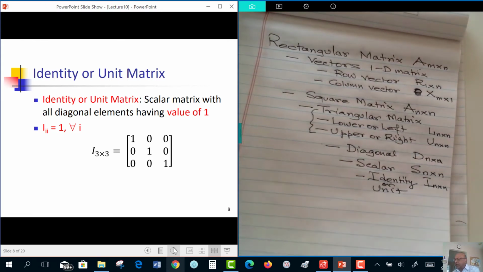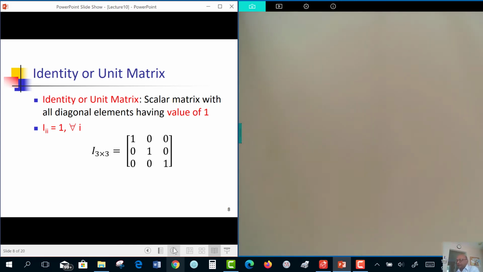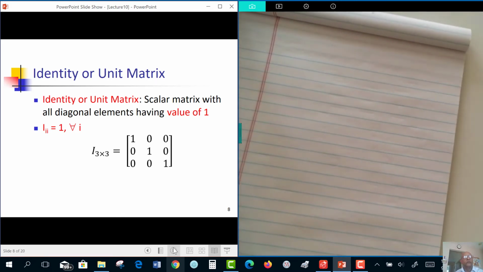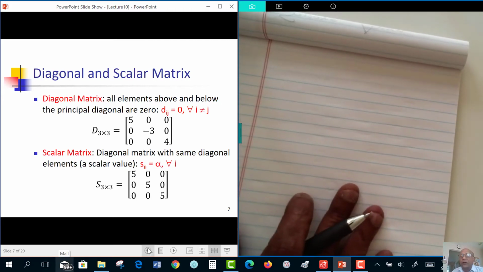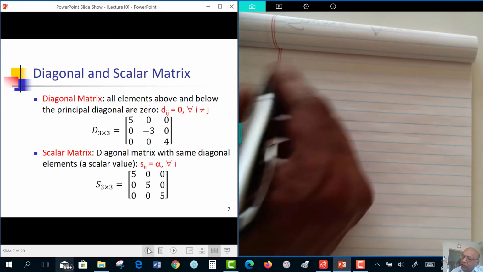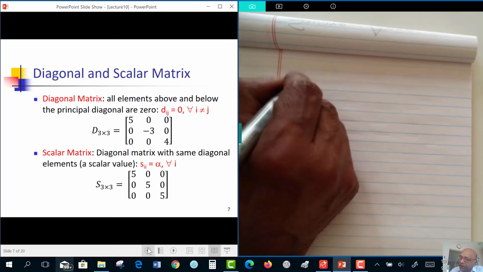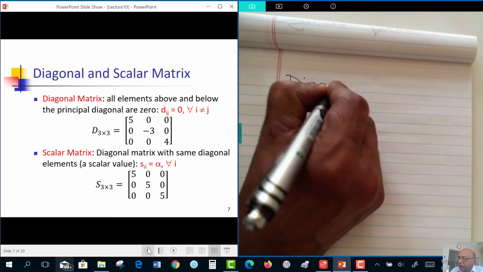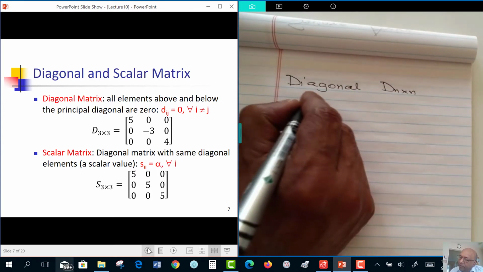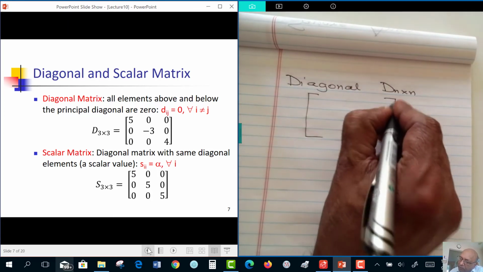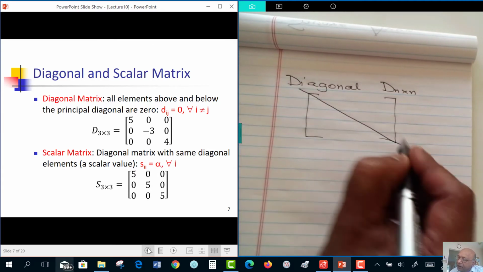So let's go back to our examples. What is a diagonal matrix? This is our principal diagonal.